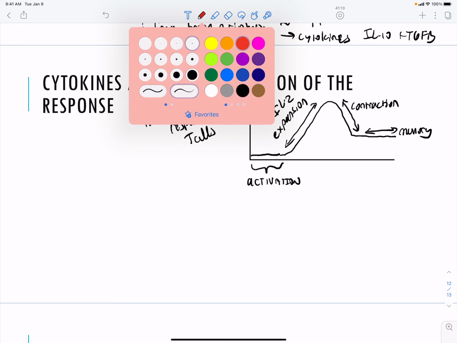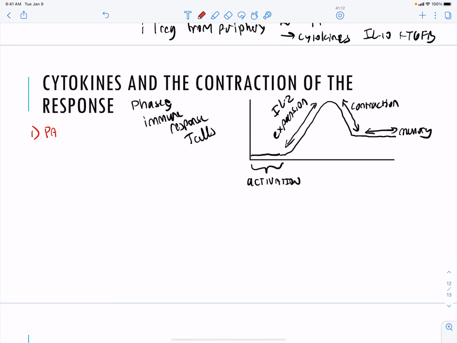So, step 1, pathogen is cleared. Right? And so when the pathogen is cleared, this is going to result in a decrease of your cytokines. It's going to lead to a decrease in antigen presentation.